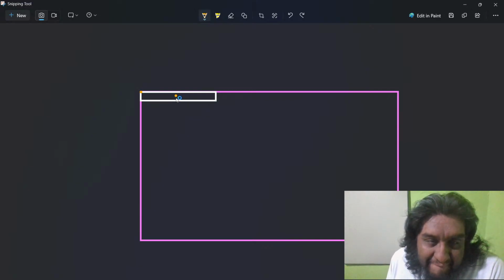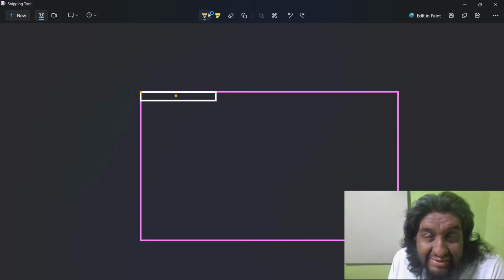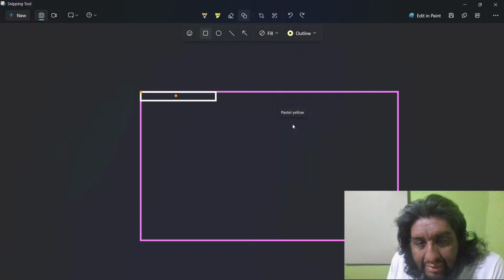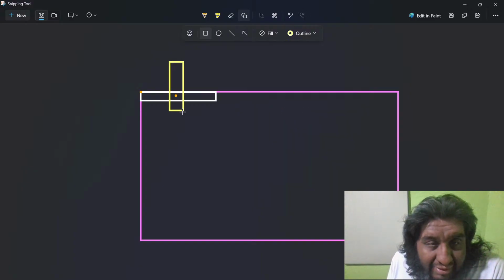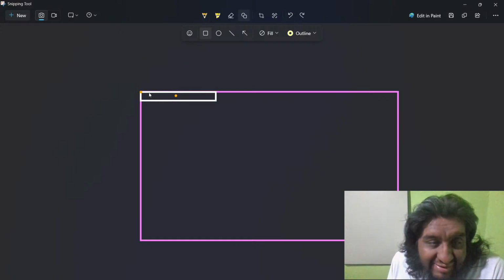Okay, so we have this one. We can calculate this one, and we want to have this rotation. We want to have it this way, right? Because we say that we can rotate like this.